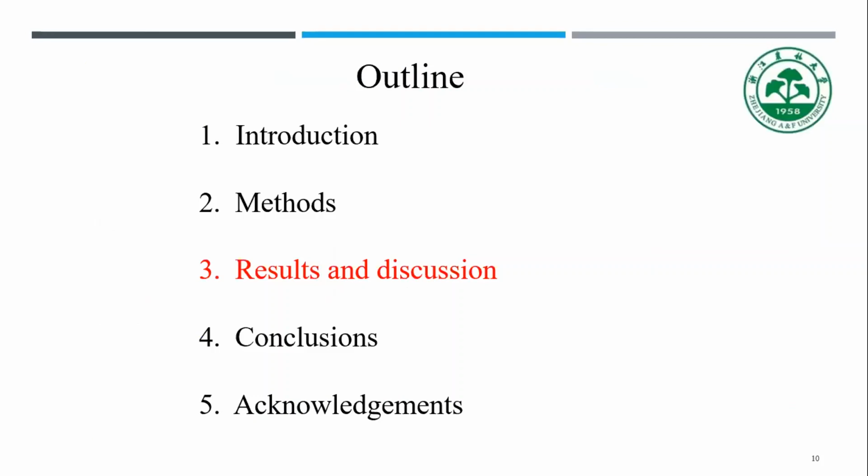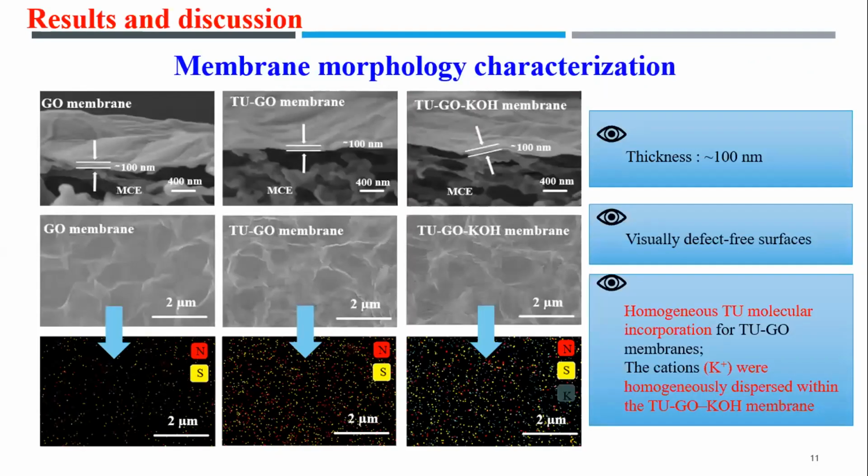Next are some results and discussion. First, the membrane morphology was characterized by SEM, and from the cross-section of the SEM images, we can see their membrane thickness is all about 100 nanometers. The membranes show a smooth and visually defect-free surface, which is crucial for the effective desalination process.